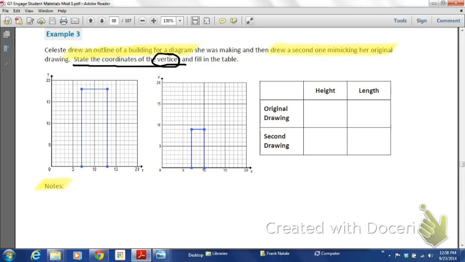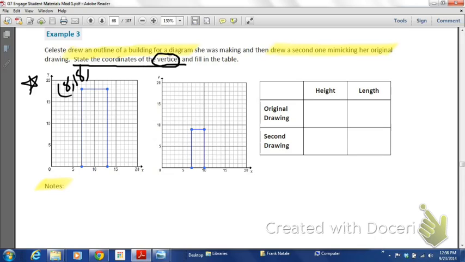So, here's the original drawing over here. Now the original drawing height would go up to right here. This would be 18. If we were going to do this with an XY coordinate, it would be 8 comma 18, where x is 8.